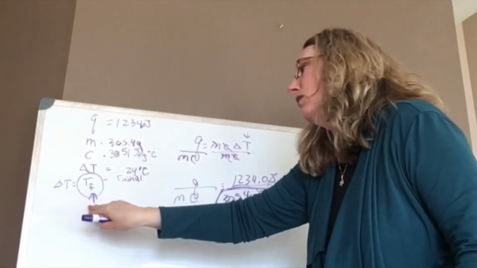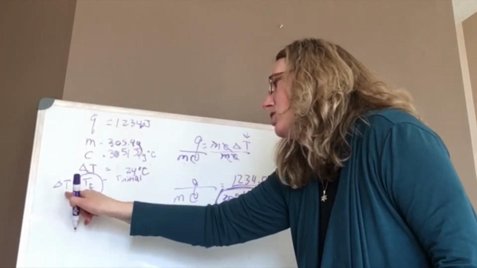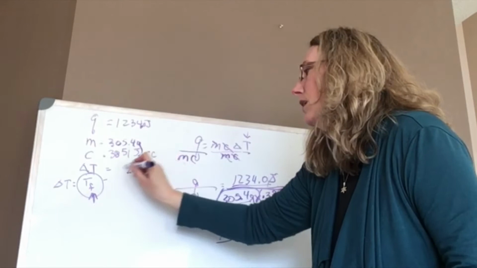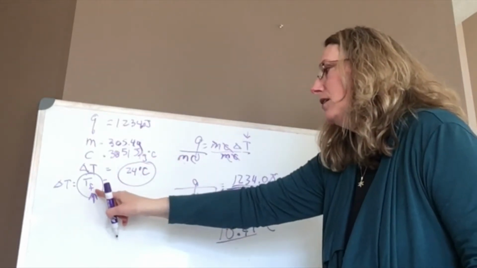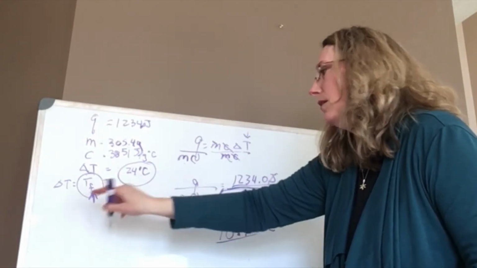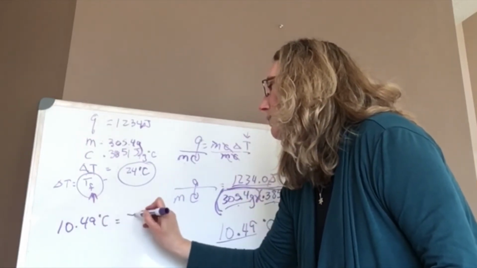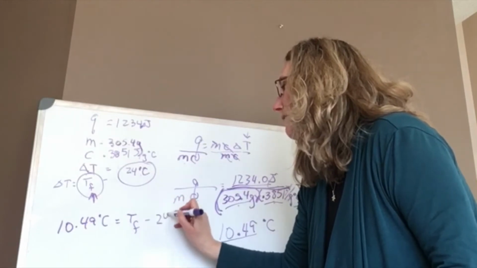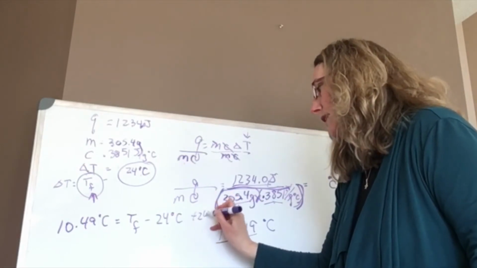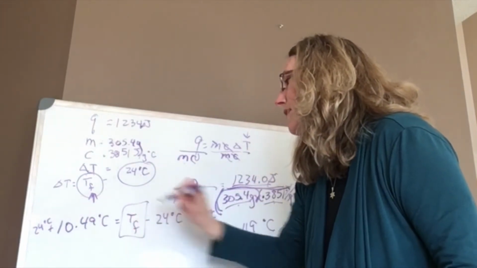So then I have to go over here and solve for this. My change in temperature equals my final temperature minus my initial temperature, which was 24 degrees C. My delta T is 10.49 degrees C equals my final temperature minus 24 degrees C. So I can just add 24 degrees C to this side, add 24 degrees C to this side, and that will solve for my final temperature.